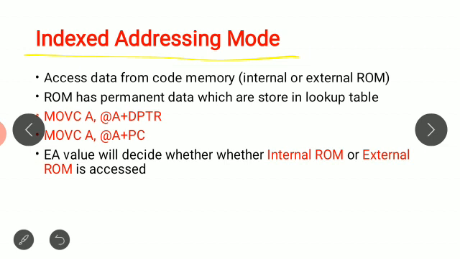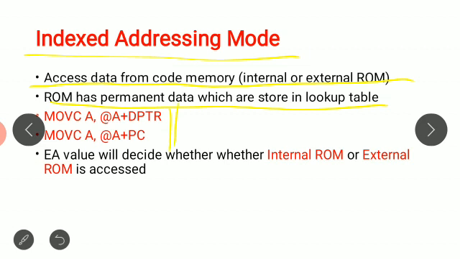I had already told you that ROM can contain important data that are regularly used in a particular program. I had given the example of the street light. So we access data from code memory, internal or external ROM, the permanent data stored in a lookup table.